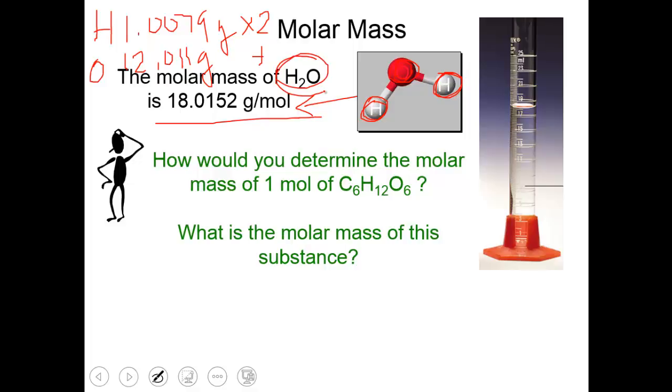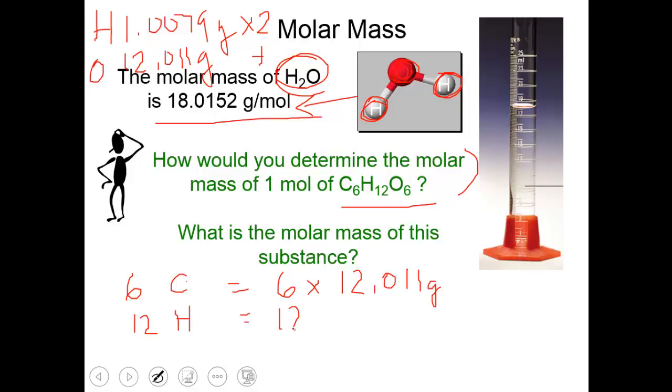So it says, how would you determine the molar mass of C2H12O6? Well, hopefully we just look it up on the periodic table. There are 6 carbons, so that's 6 times what 1 mole of carbon weighs, 12.011 grams. We have 12 hydrogens, so that'll be 12 times what 1 mole of hydrogen weighs.